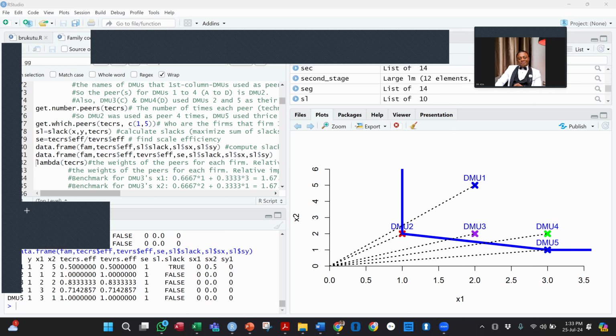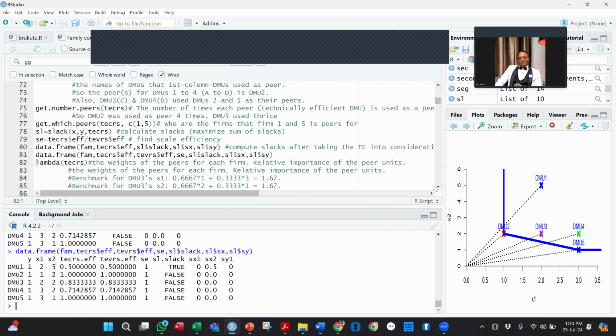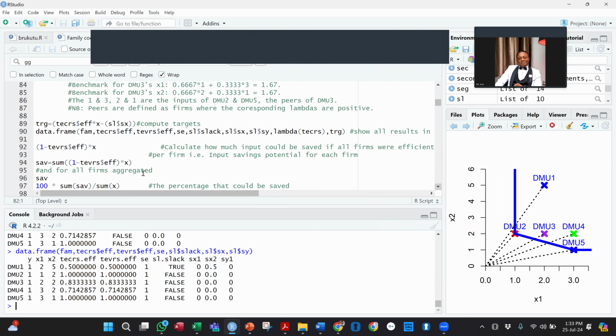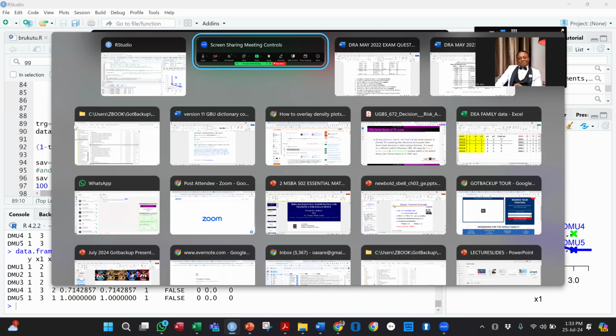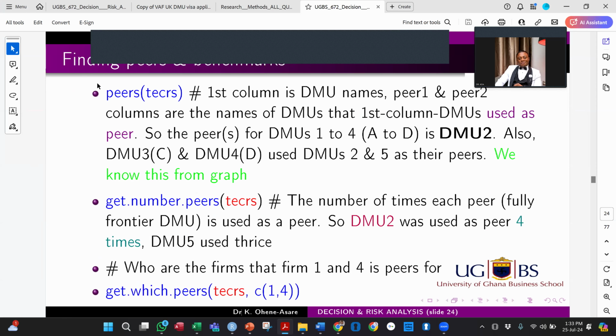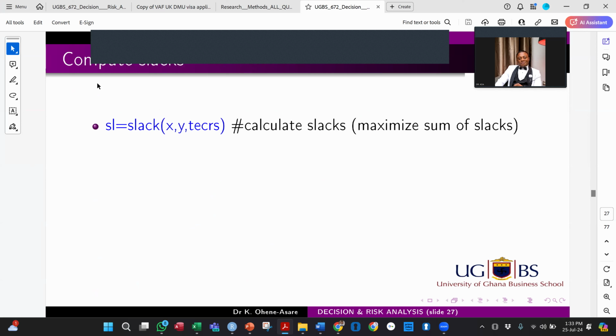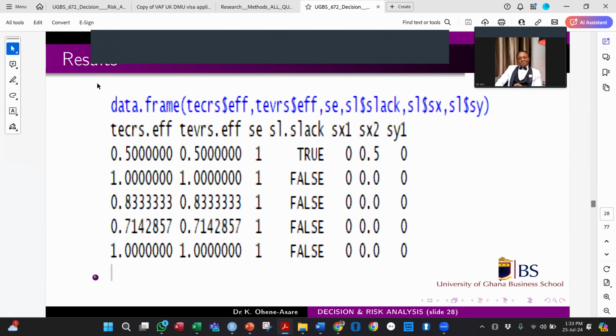All right. Let me just go to the last bit and then we can look at the entire data set. The last bit here is this, target. I wonder if you guys have it. But please, I'm going to give you the formula because I doubt if you guys have it. I've spoken about all of these, and I've spoken about the slacks as well.